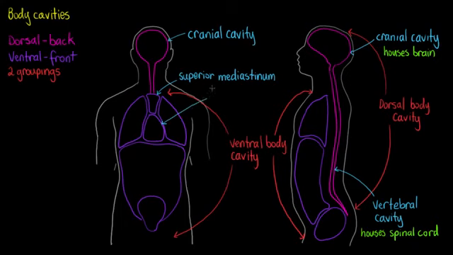Now we also have our pericardial cavity, which is going to house the heart, and we're also going to have the pleural cavities, which are these two on the outer sides here. So just draw those there. Those two are both known as the pleural cavities, and they're going to house your lungs. So, pleural cavity.